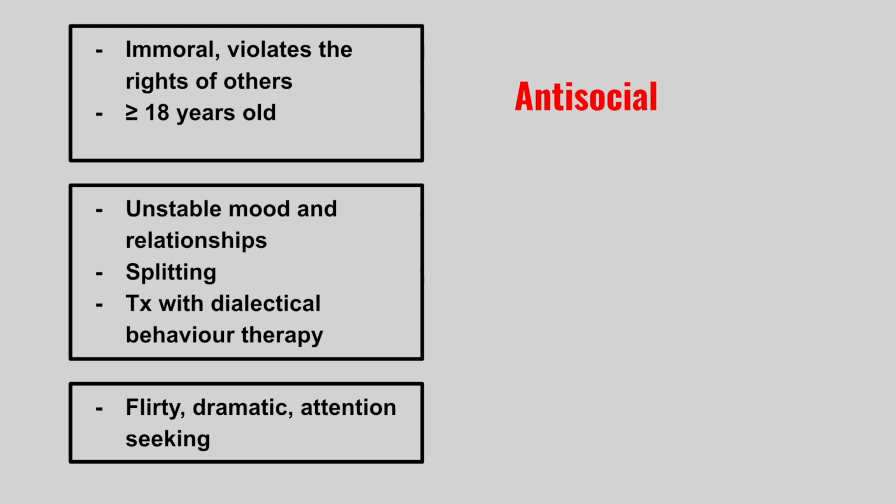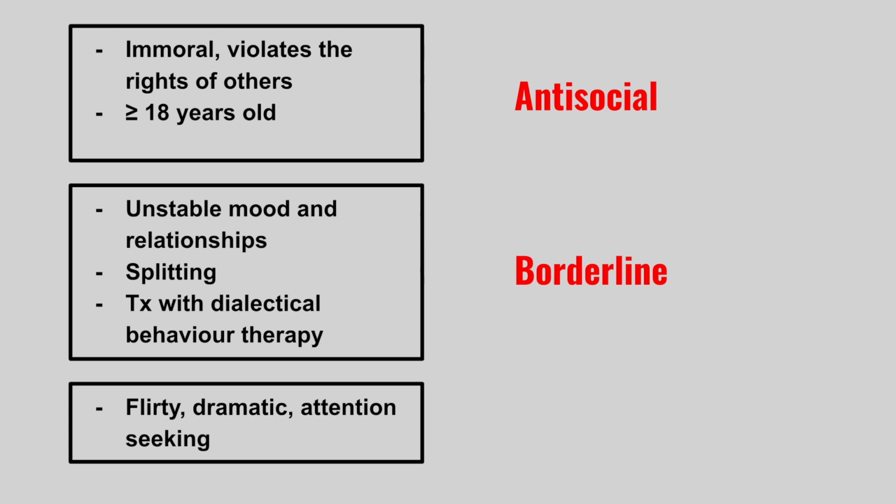Next, we have a patient with unstable mood and relationships, splitting, and you treat this with dialectical behavior therapy. This is borderline personality disorder. And remember, splitting is the mechanism of where you put people into like all good or all bad categories.